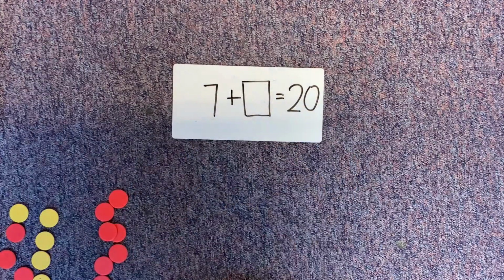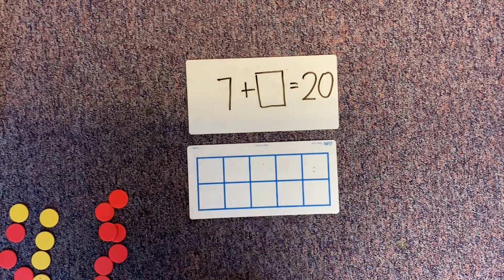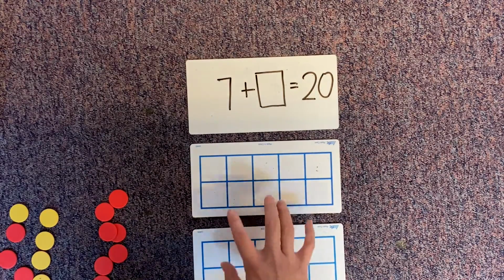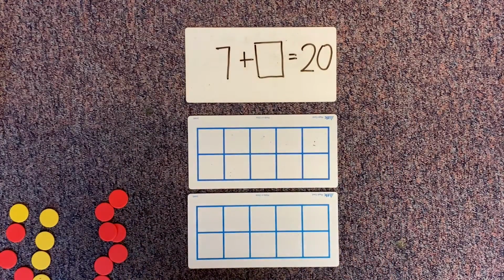So I'm going to get the 10 frames out. Now I want you to pause the video and try to solve this problem on your own. And when you think you have the right answer, press play again and I'll show you how to work it out.